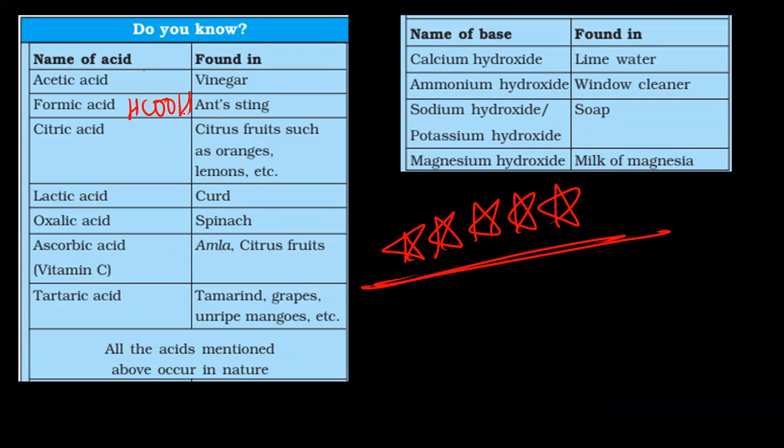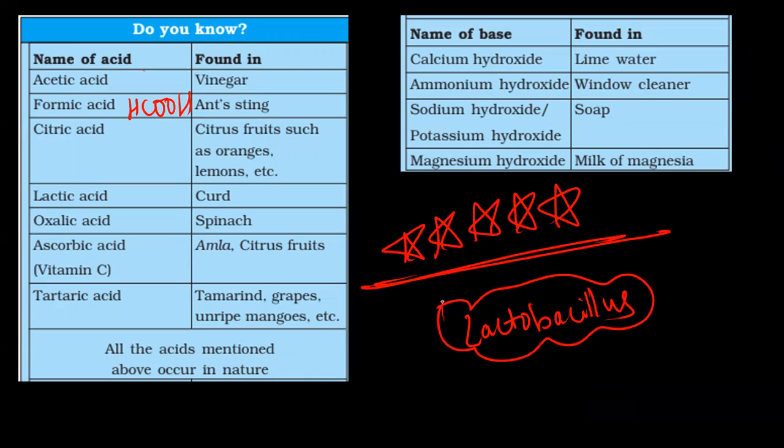Now, citrus fruits, by their name, have citric acid, like orange, lemon, etc. Curd contains lactic acid. Milk is converted into curd by a bacteria known as lactobacillus. Lactic acid. The name is similar.